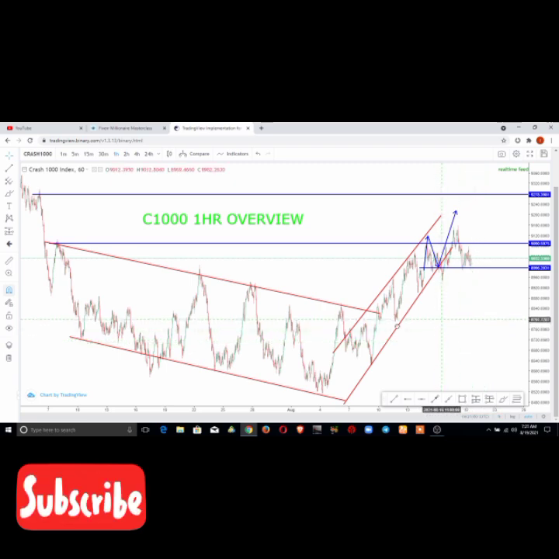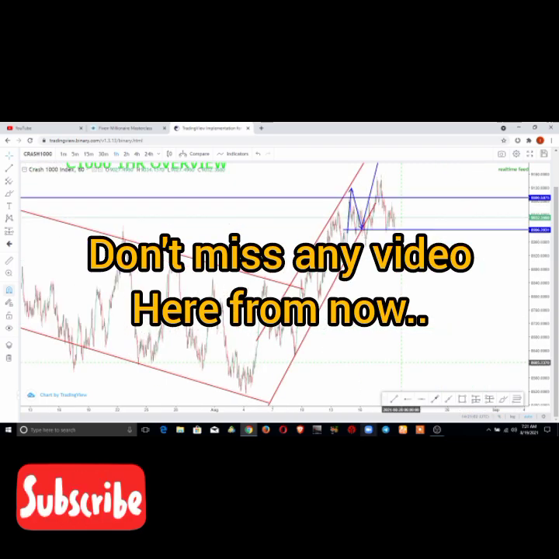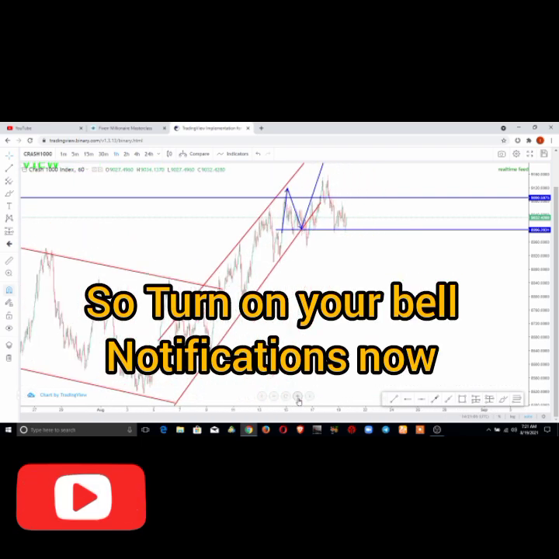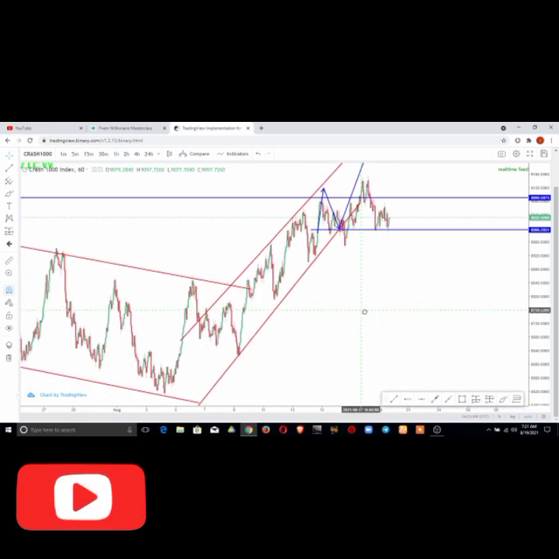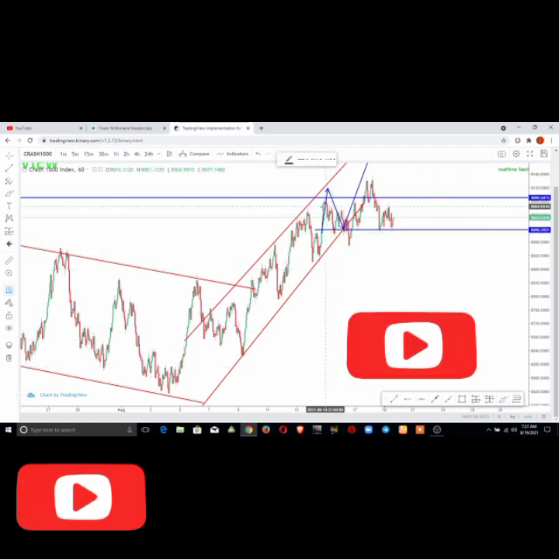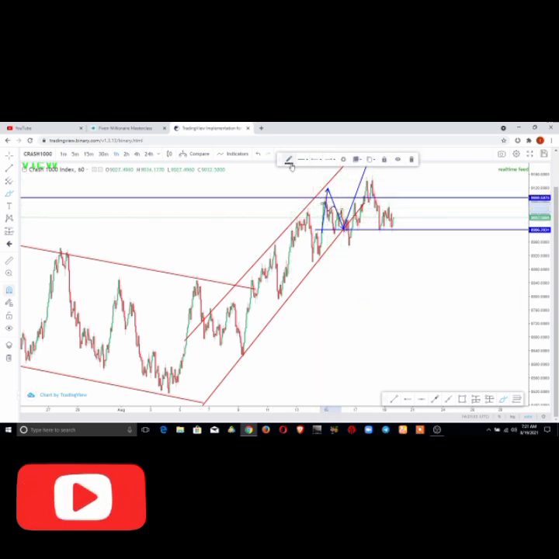I could see our projection on Crash 500 recently, and you see how it played out. We bought some pips. This is what I posted in the group some time ago. When we came here, the market was somewhere around this region, and we did this projection.